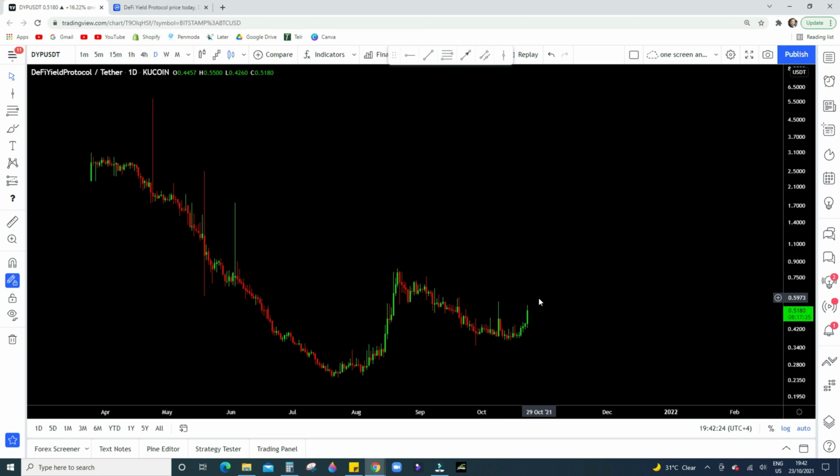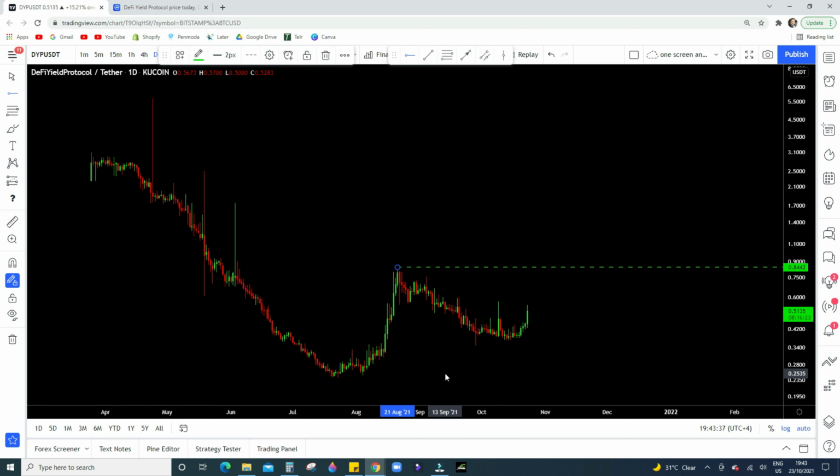Now the next question is how far the price is going to go from this point onwards, or how high DYP could get to. In terms of price action, I could say that we don't have any real resistance to block the price from going higher towards its previous all-time high, which was around $5. Some people might argue that this point could be a resistance point, or some other point could be a resistance point.